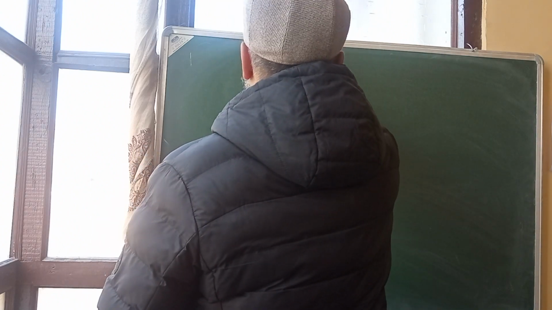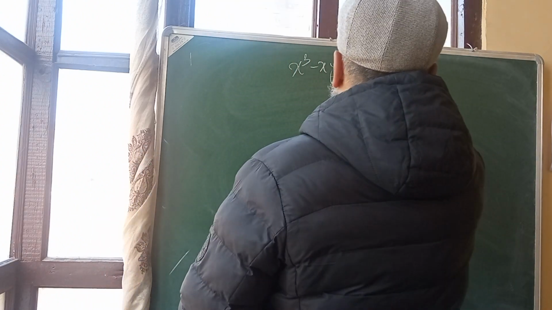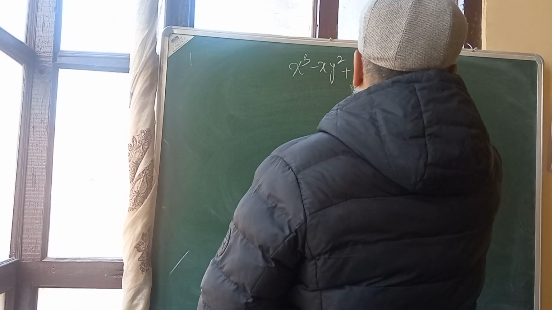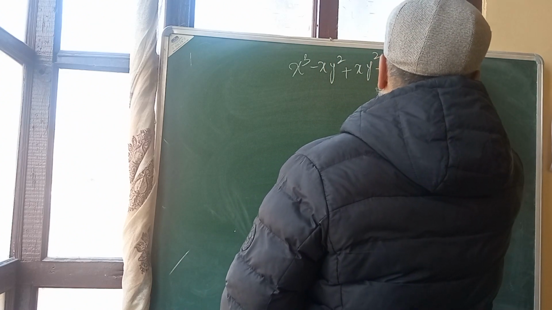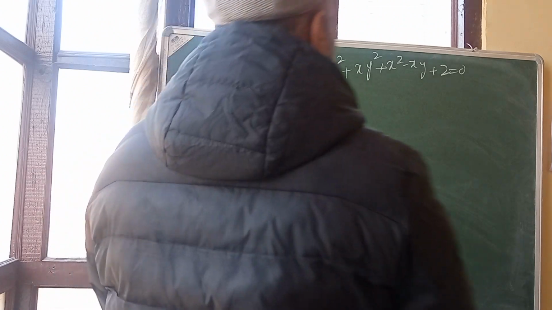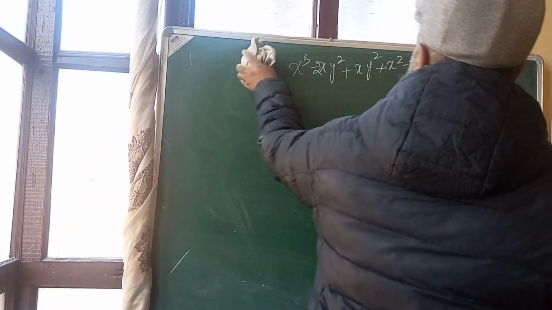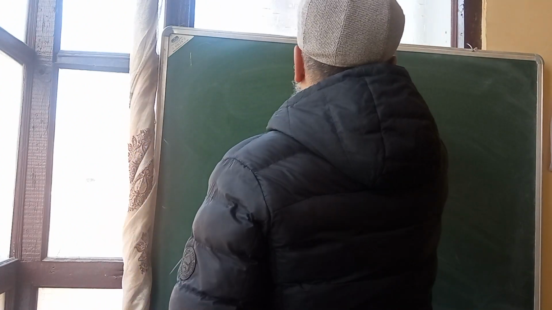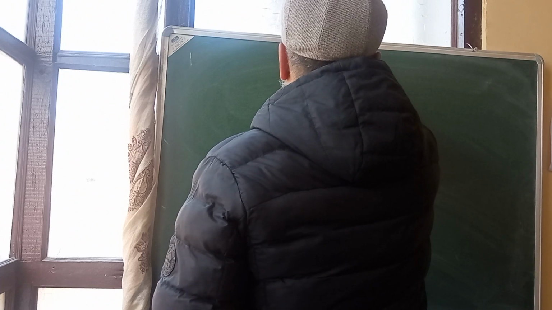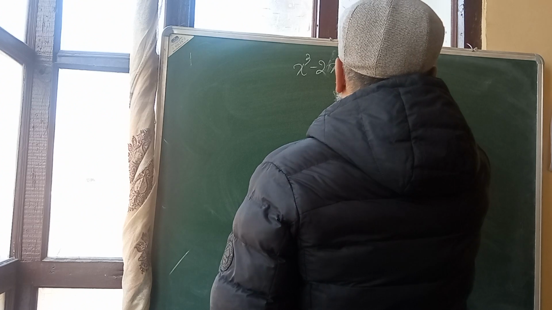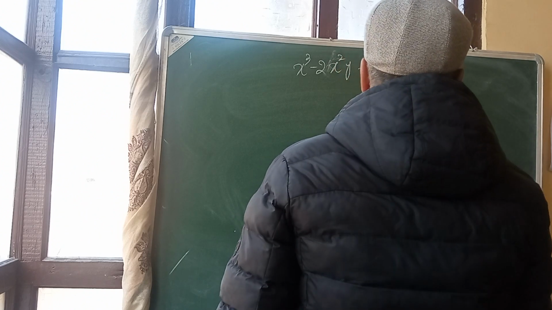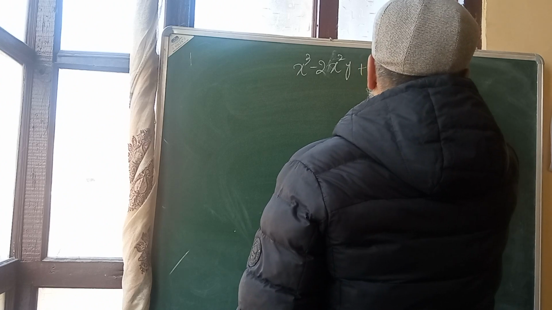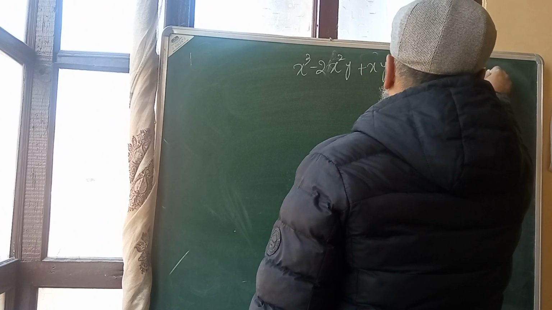Say I have x cube minus 2x square y plus xy square plus x square minus xy plus 2 equals 0.